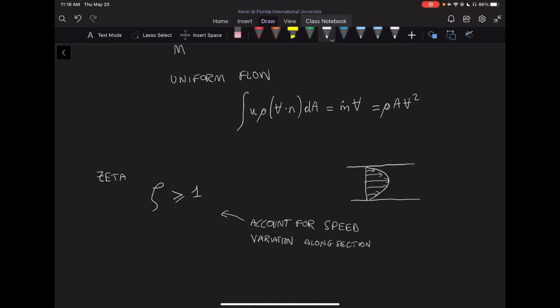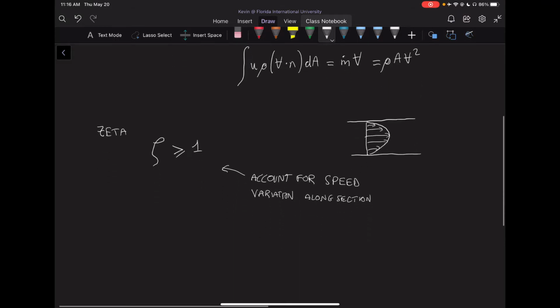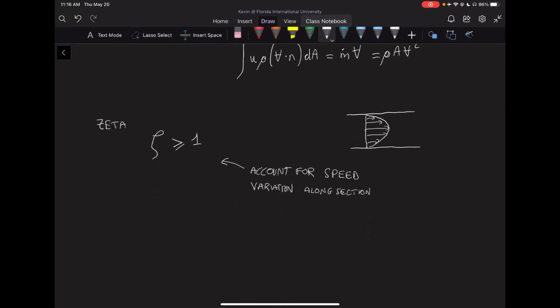So what we can say is that if we have a pipe flow in one direction, okay, in the x direction, the equation above can be written as density times the integral of u squared dA, assuming we have incompressible flow, so density can come out of the integral.